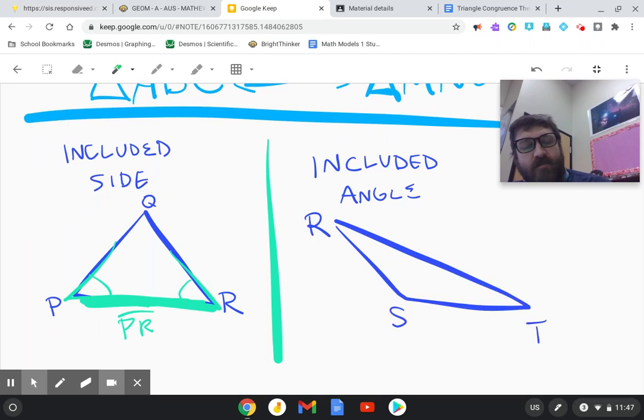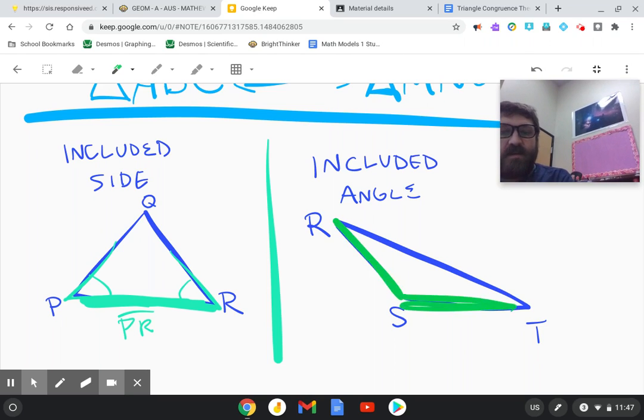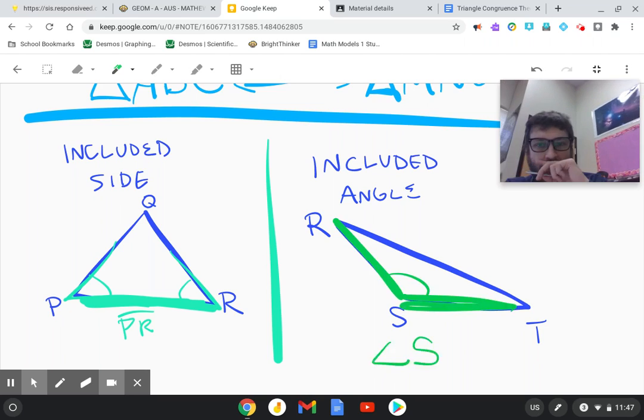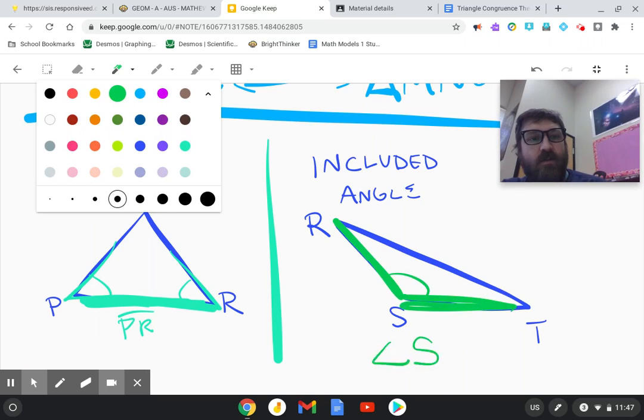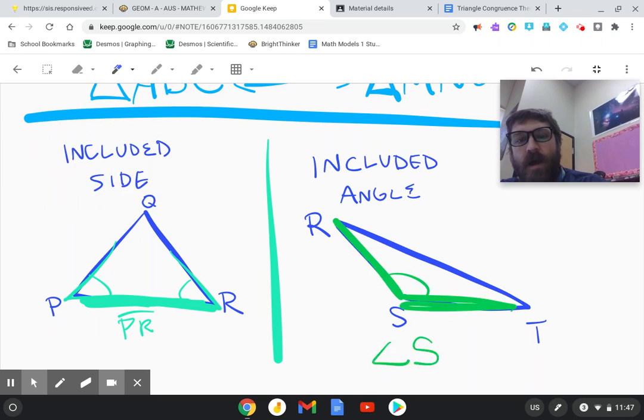And let's say I have side RS and side ST. And together their included angle would be angle S. So in terms of included, it just means the part that is made up by or located inside of the other two things. So for an included side, it's the side that's made up of those two angles. And for the angle, it's the angle that's made of those two sides.